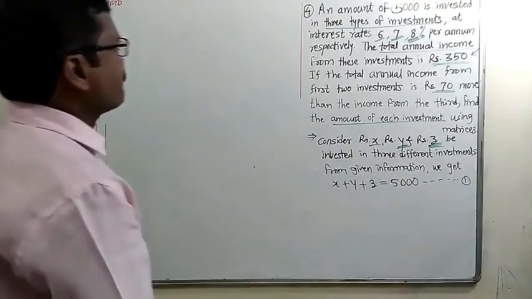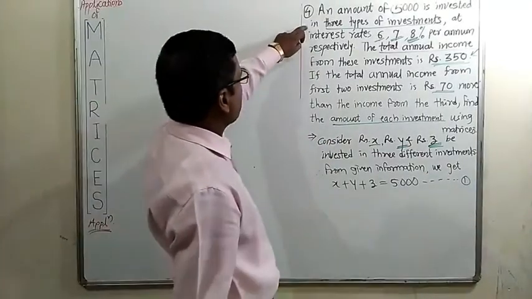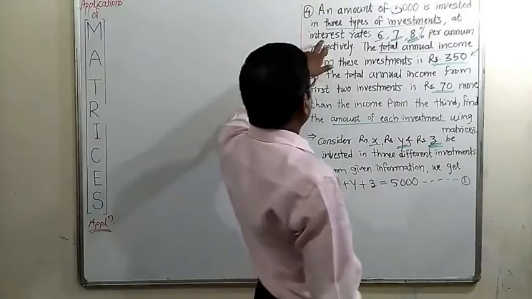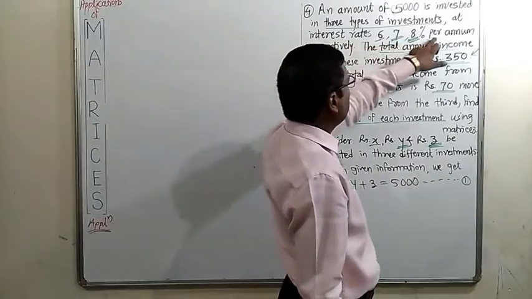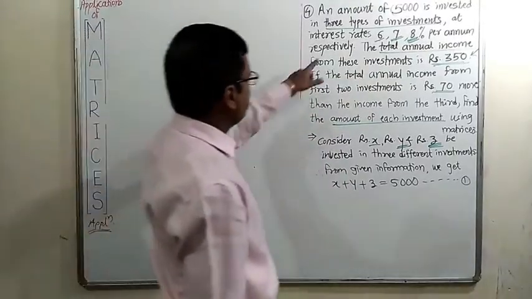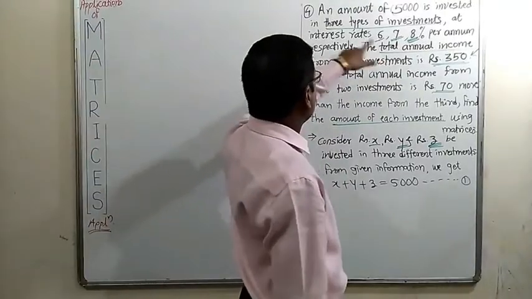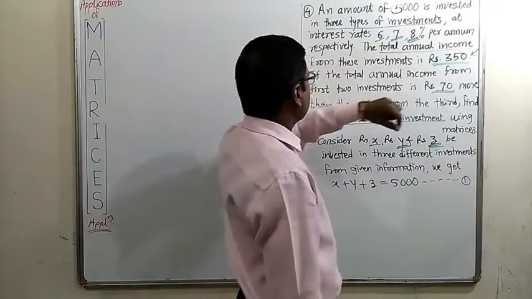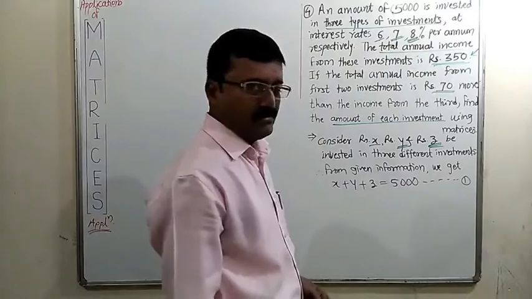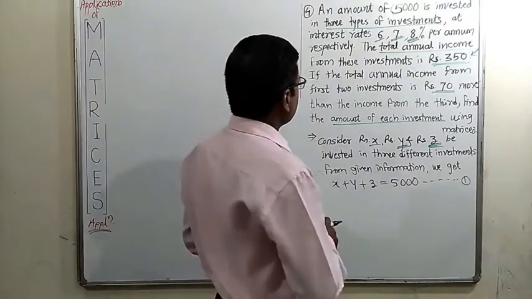We can write it from the first statement here. Now, let us think about the second. At interest rates 6, 7 and 8% per annum respectively. Here, the rate of interest is given 6, 7 and 8%. And from this statement, we cannot write any condition. That is half information.